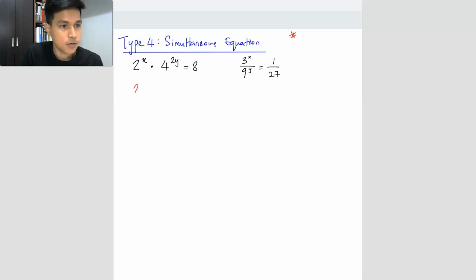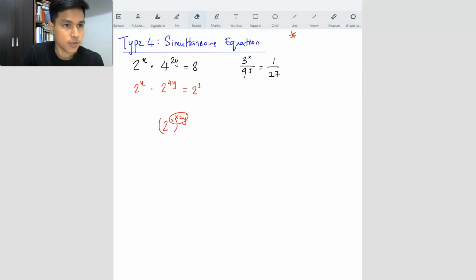Same thing, 2 power x times, so I change all of this to base 2. So 2 power 4y, remember, because this 4 here is equal to 2 power 2, and then there is a 2y here, so I have to multiply, so I get 4y, equals 2 power 3.